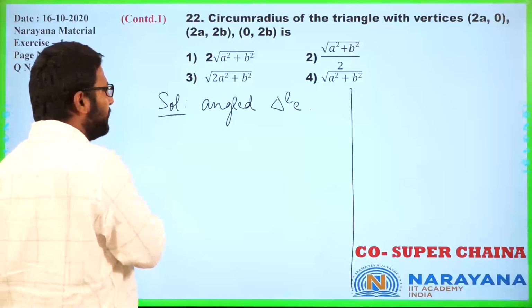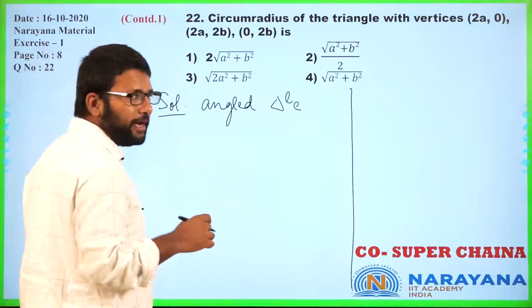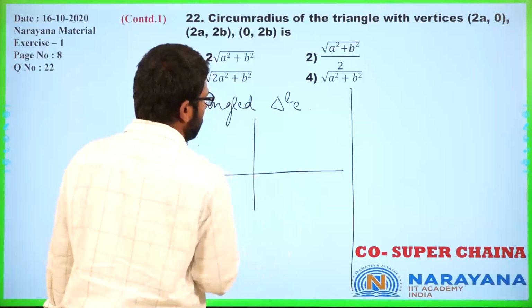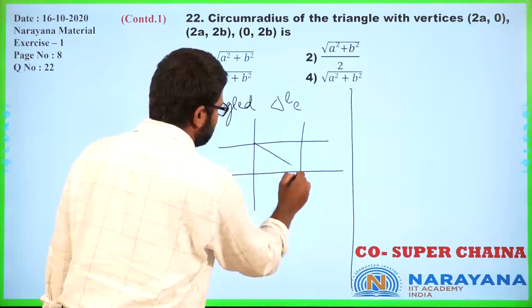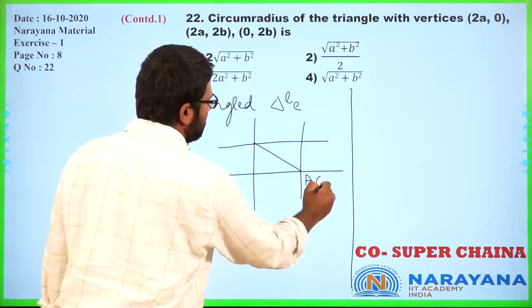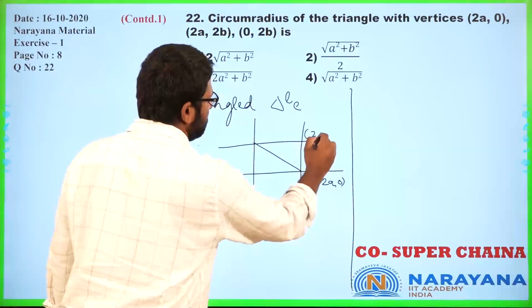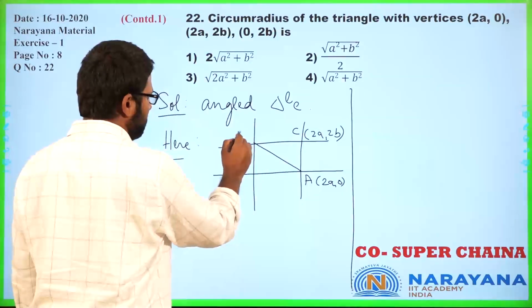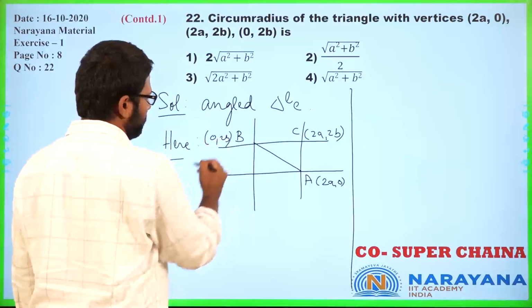So here now we are just looking for the midpoint of the hypotenuse. Here once again, what does it look like? Something like this. This is point A, 2a comma 0, this is C, 2a comma 2b, and B, which is 0 comma 2b.